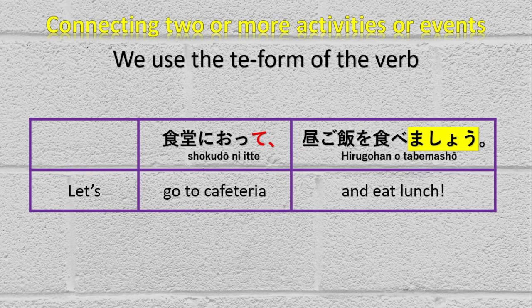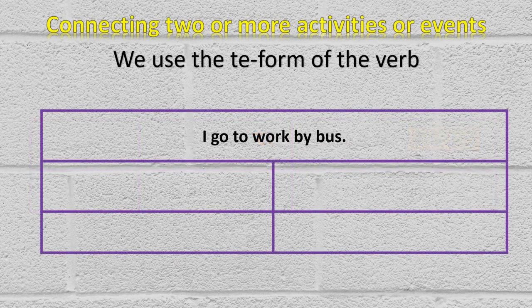So we're going to just say, let's go to the cafeteria and eat lunch. Again, because it is volitional, go to the cafeteria also means volitional.